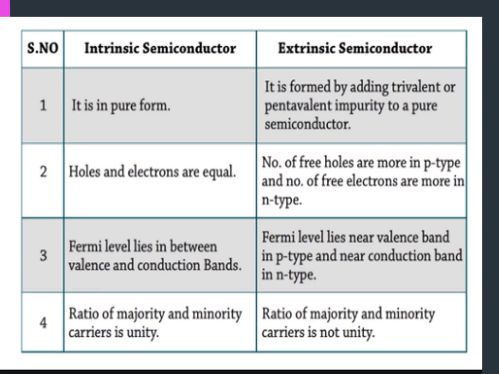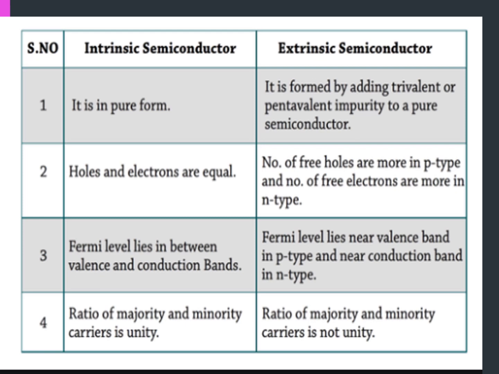In an extrinsic semiconductor, if I add trivalent, then it becomes a p-type semiconductor. If I add pentavalent, it becomes an n-type semiconductor, and it is an impure semiconductor. So one is a pure semiconductor, the other is an impure semiconductor. Depending on whatever we are doping, trivalent or pentavalent, it can be p-type or n-type.